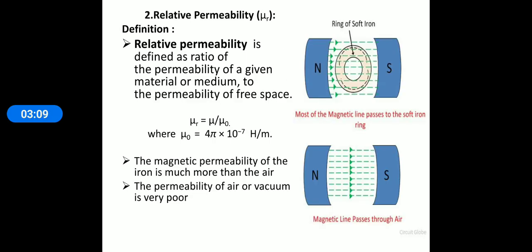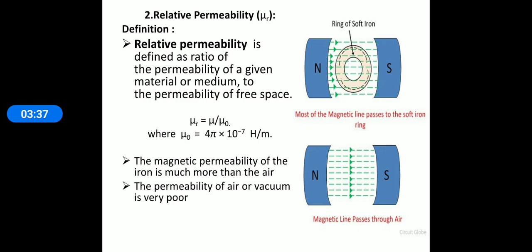The next type of permeability is relative permeability. It is denoted by mu r. What is the relative permeability? The relative permeability is defined as the ratio of the permeability of a given material or medium to the permeability of free space.